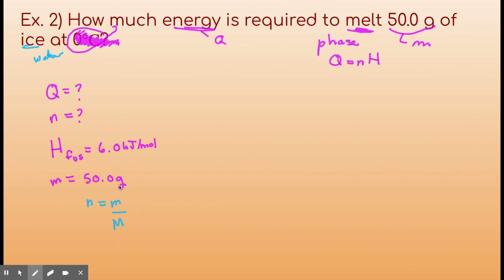What that means is we're going to take our mass and go 50.0 grams. Well, little refresher, how do you find molar mass? Well, water is H2O. That means there's 2 hydrogens, 1 oxygen. Oxygen is 16 molar mass. That's on our periodic table.